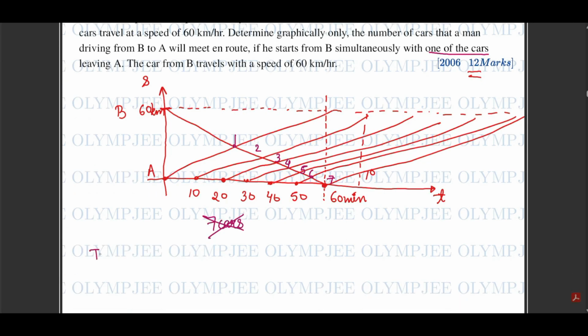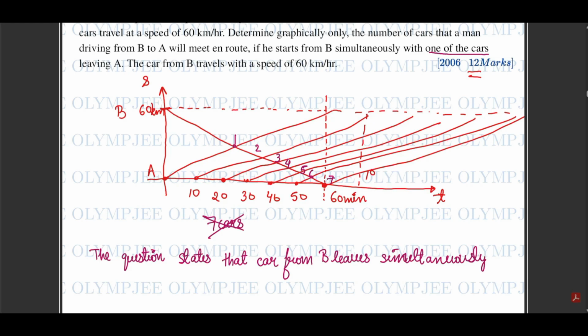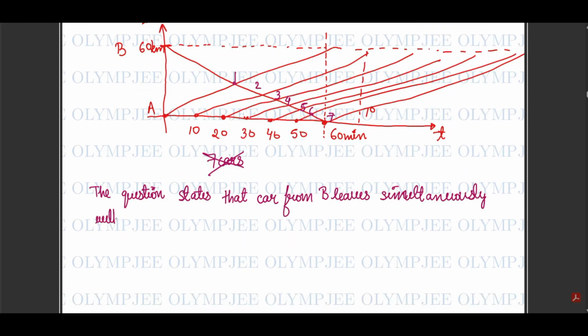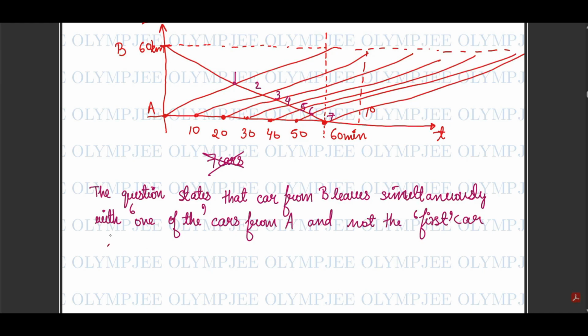So the question states the car from B is simultaneous with one of the cars from A and not the first car from A.